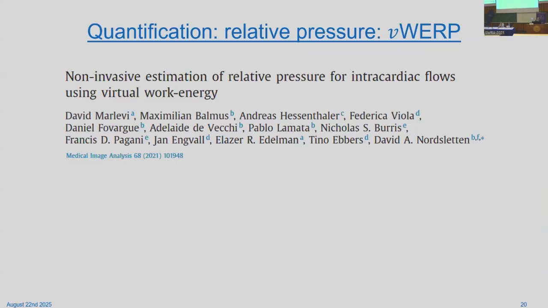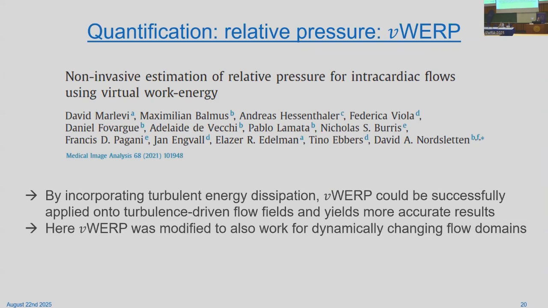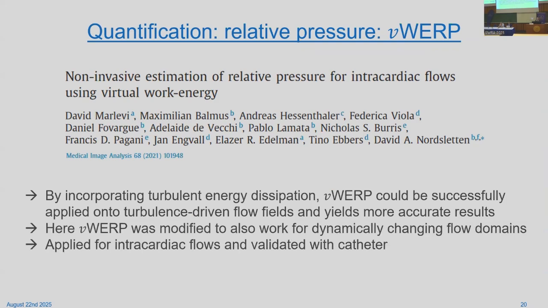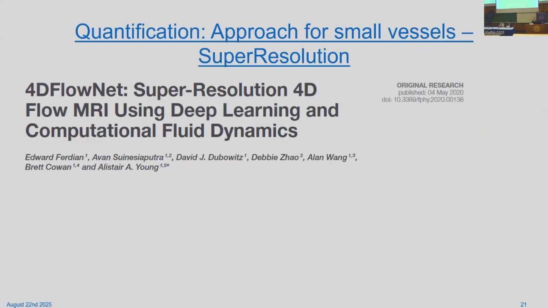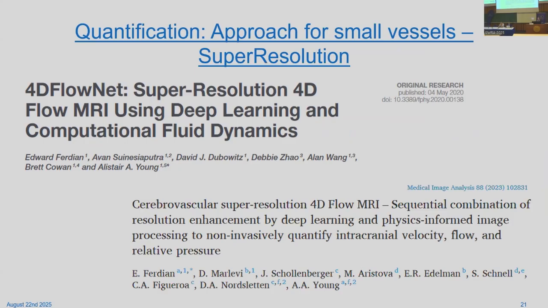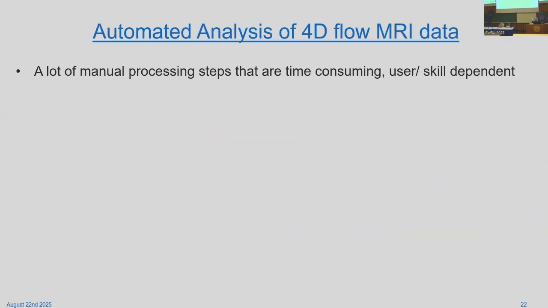Relative pressure, I think we will hear more about tomorrow, so I will not really go through this. What I wanted to say is that nowadays we are relying more and more on AI. In order to move things to the smaller vessels, for example, a lot of people are using super resolution, or using networks to assess wall shear stress.